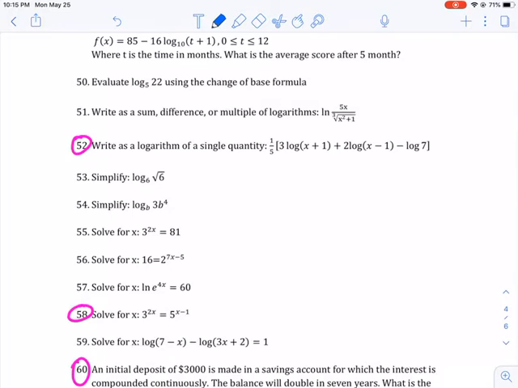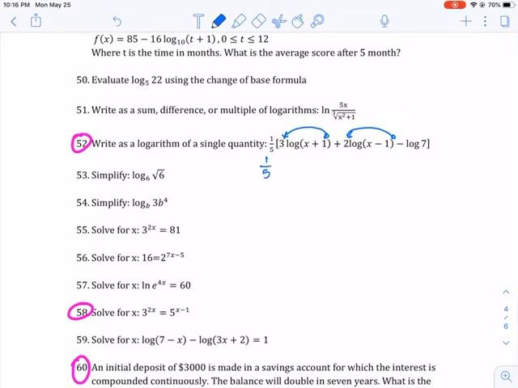Okay, so you want to remember that a sum becomes multiplication, a subtraction becomes division, and then that number in the front is going to go back to become exponents on these guys. Okay, so let's see. So first, start with any number in front of each individual log. It is going to go back to become the exponent. So this is going to go back here. This 2 is going to go back here. So let's rewrite that first.